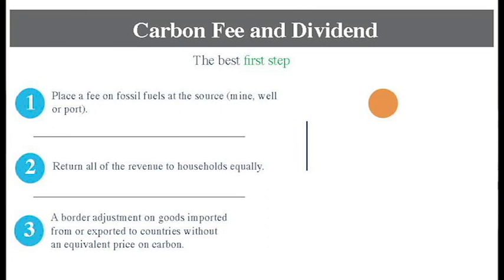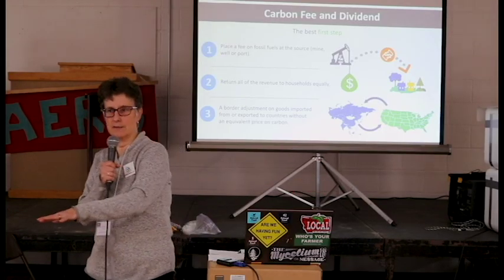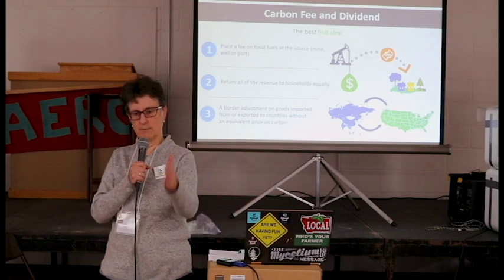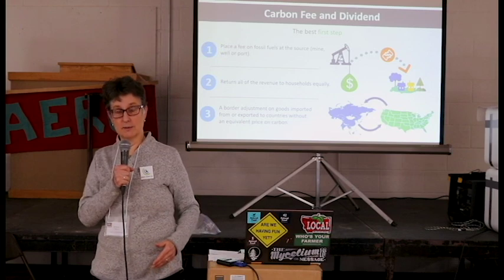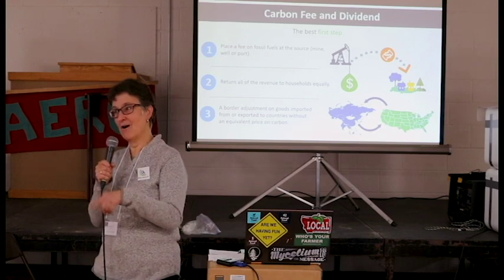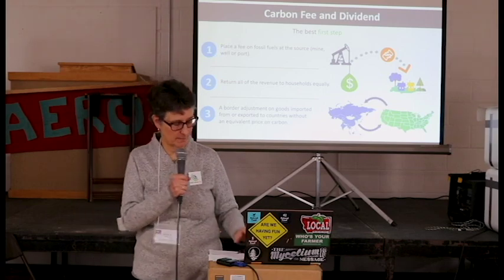They're not all the same. And then ours would also have a border carbon adjustment, because if we're in this country and that country doesn't have a carbon tax, we could be at a disadvantage. So this would put a price on carbon when it hits the border. Of course, most other countries do have one, so they could hit us with a carbon tax.